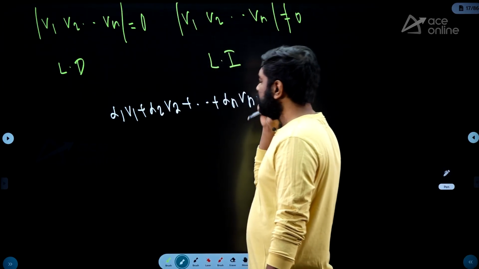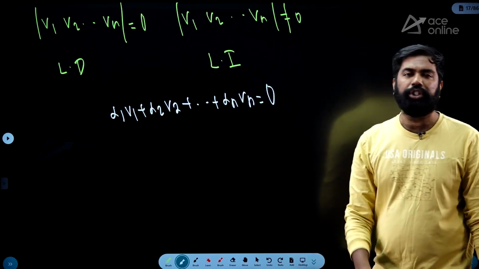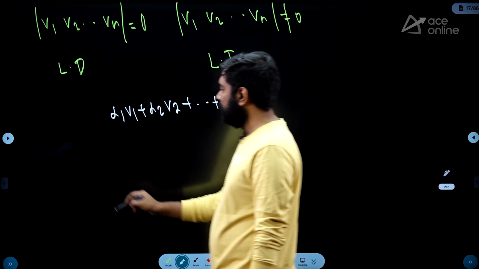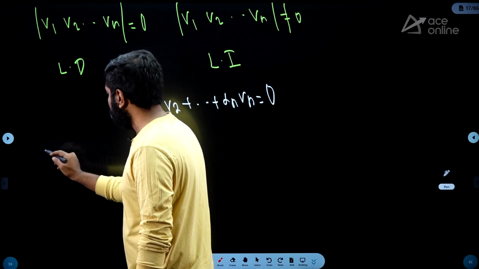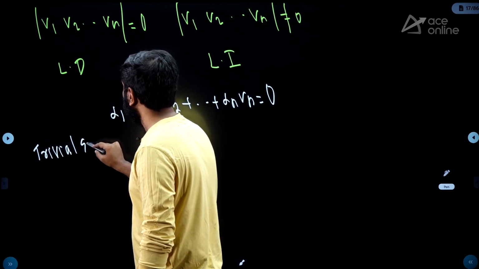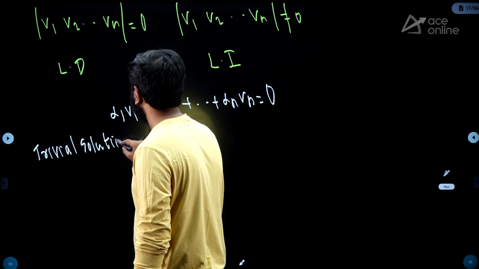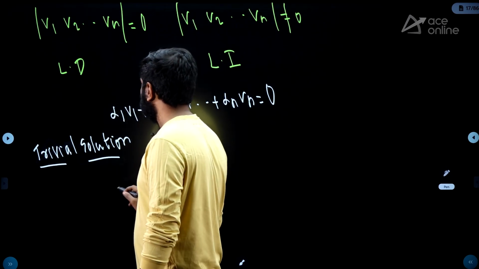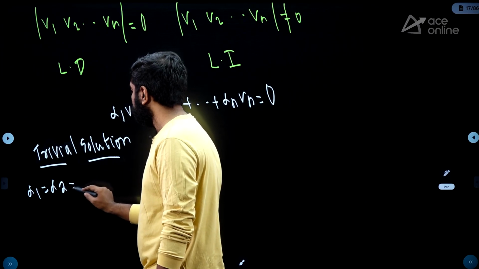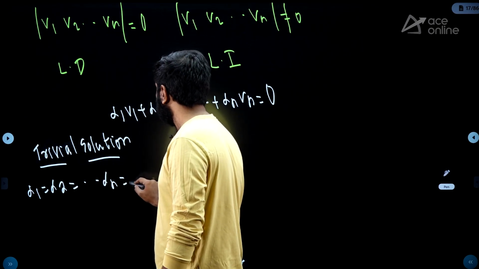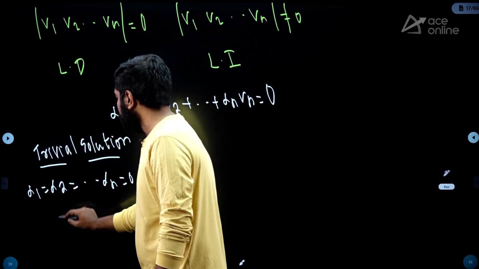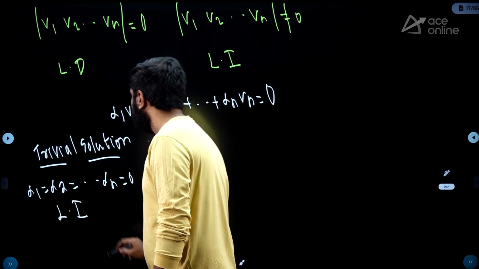If this homogeneous equation has only the trivial solution, then all the vectors are independent. Trivial solution means alpha 1 equal to alpha 2, so on, alpha n equal to 0 is the only solution. You don't have any other solutions. In that case, the vectors are said to be independent.